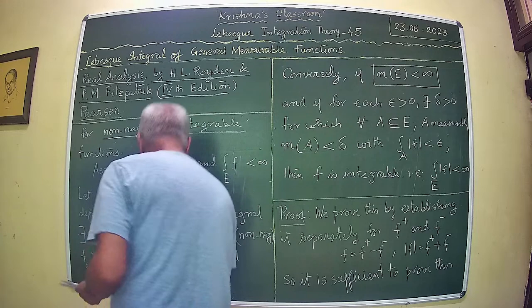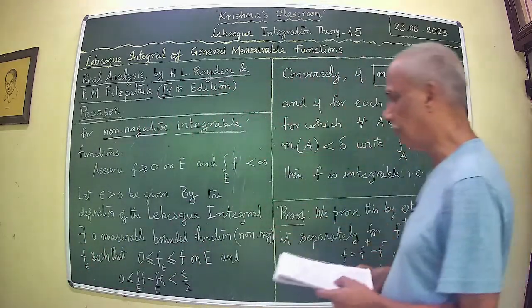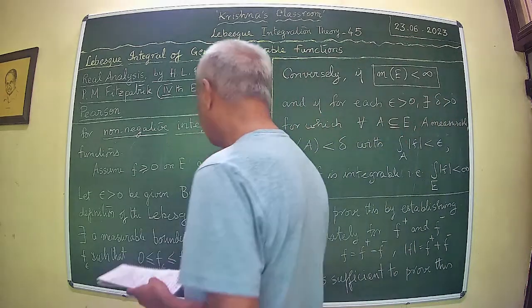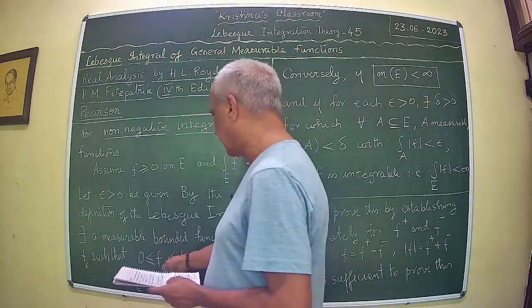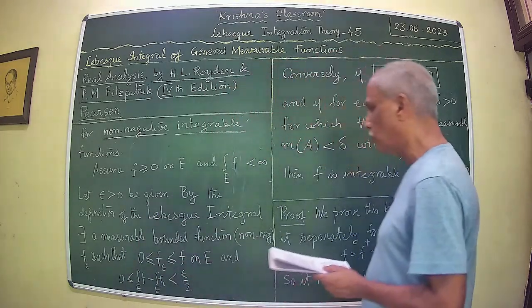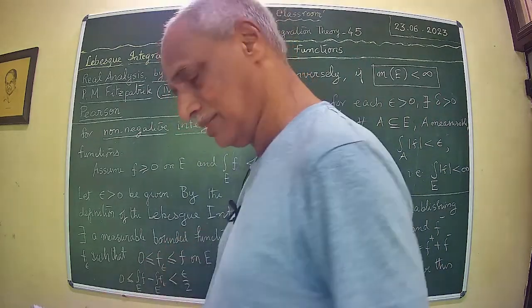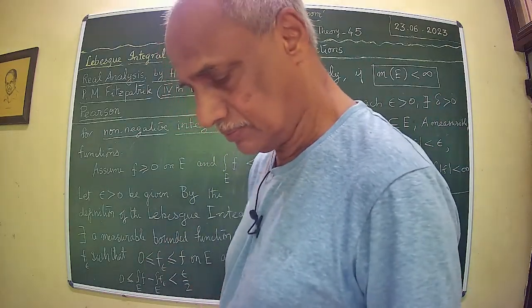So you choose such an approximating function f epsilon. F epsilon is different in the sense that there are more conditions on this because we are taking it as a measurable bounded function, and this boundedness we can make use of. Okay.